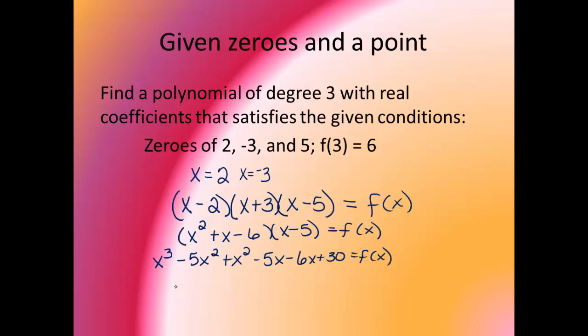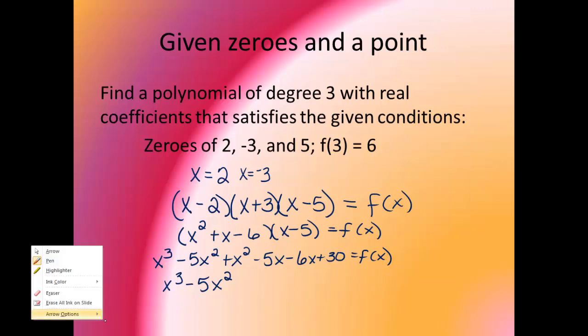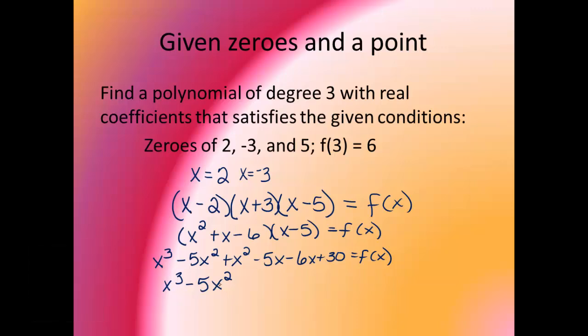Combine like terms, that becomes x to the third minus 4x squared minus 11x plus 30 equals this function.